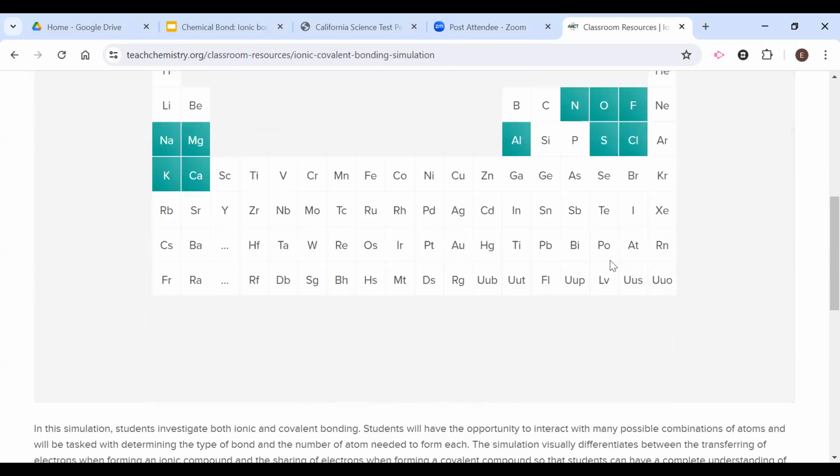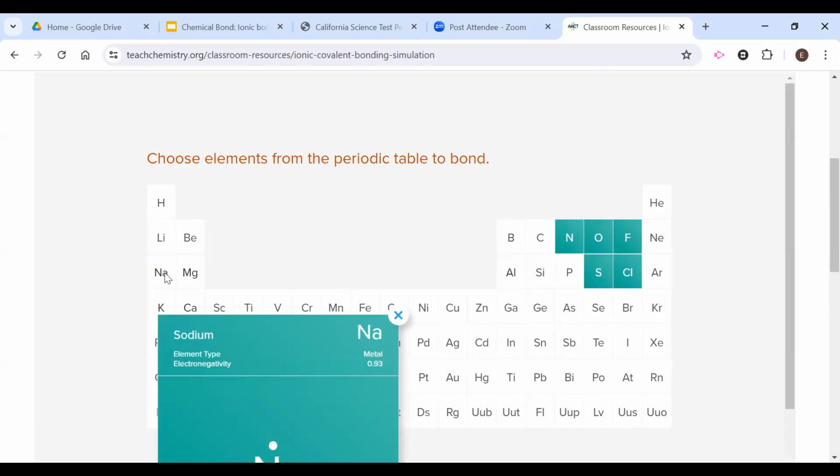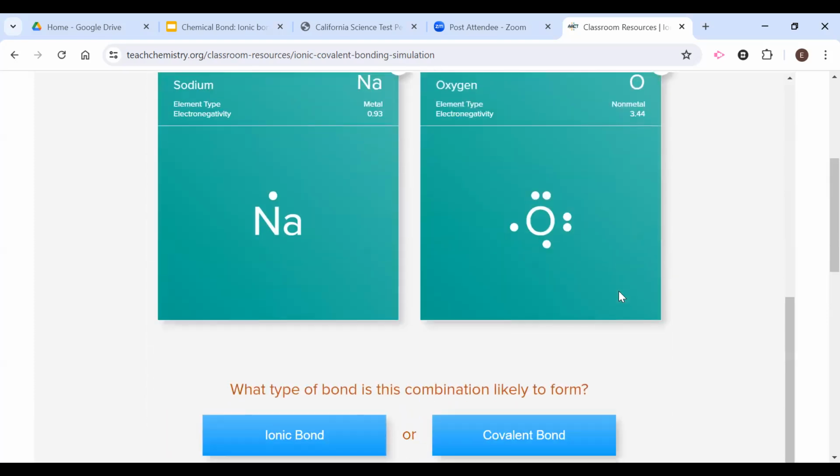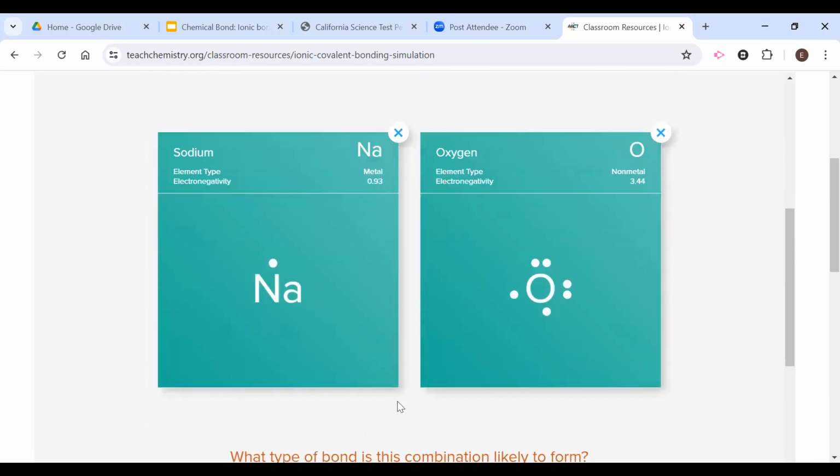If you don't get this right, then it means you didn't understand it, because I've done quite a good example. I have this and this. Try to get this one right. We know it's ionic because there's a metal, there's transfer of electrons between metal and non-metal. So looking at this, how many sodium atoms will you need for oxygen to be stable?